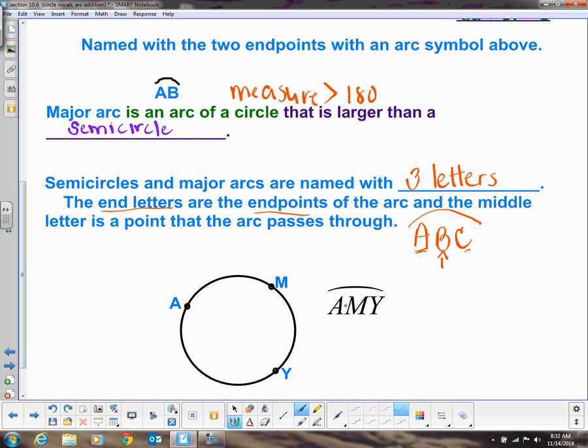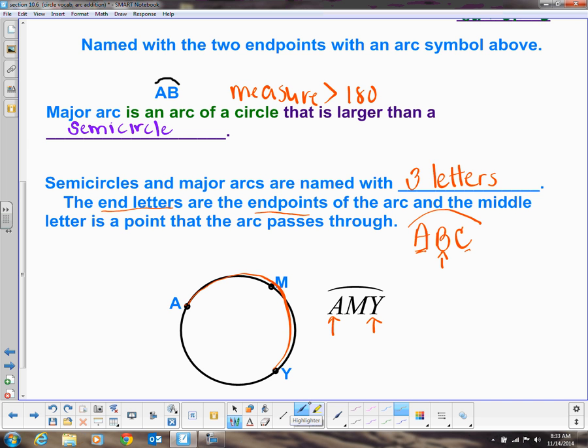So I've given you an example of a major arc. Part of your homework is just doing major, minor, and identifying them. Or write the arcs. So A starts at A, stops at Y, passes through M. A, M, Y is a major arc.